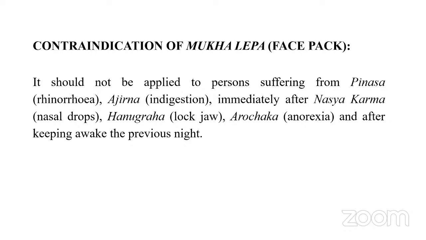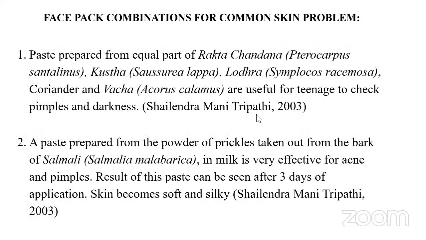And some herbal formulations for common skin problems. For example, the paste prepared from Rakta Chandan, Kushtha, and Lodha. Rakta Chandan is very easily available. These are very easily available ingredients, you will get them in any shop, and they are very cheap, not very costly.